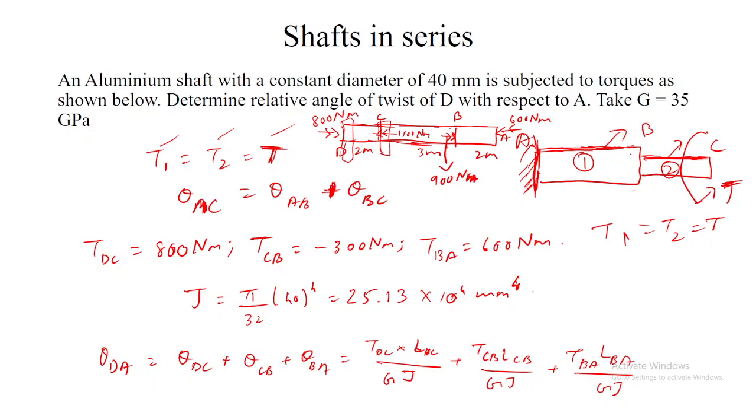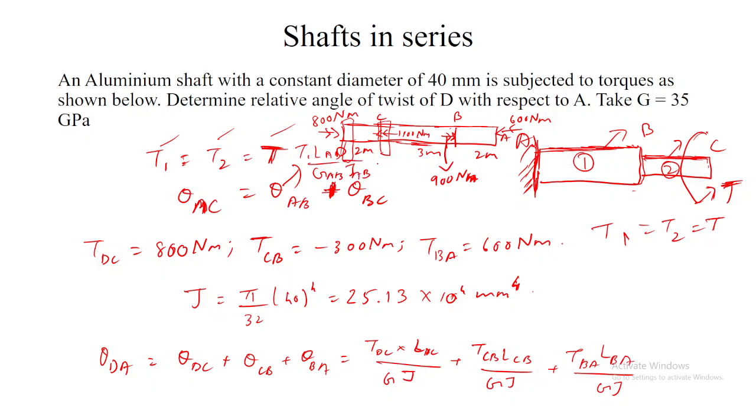Or if they have given a shaft which is like this, two different shafts made of same material or different material and having different cross section or different diameter, and a single torque is applied, then the torque value remains the same for both the shafts. So for that case it will be T1 equals T2 equals T, and theta AC will be equal to theta AB plus theta BC, where theta AB will be T into LAB divided by GAB into JAB.